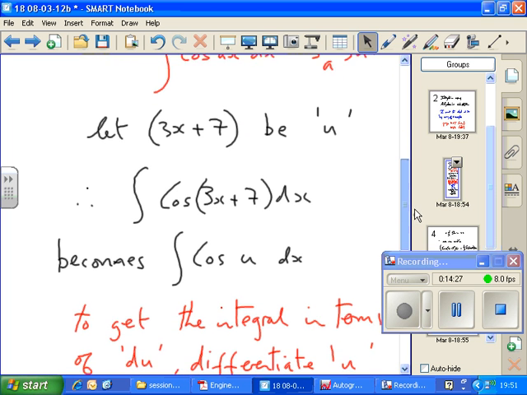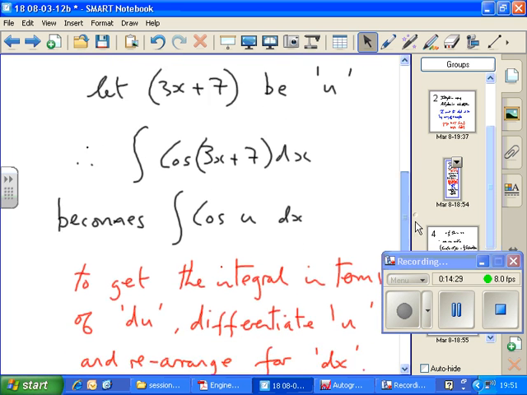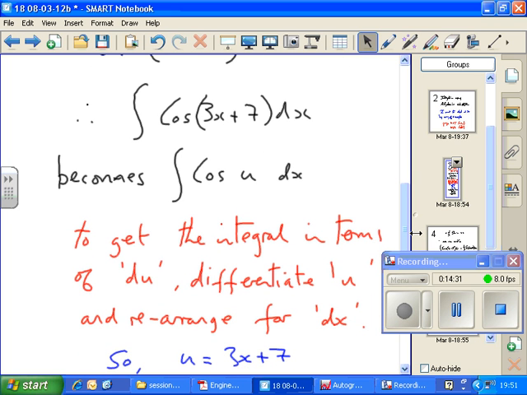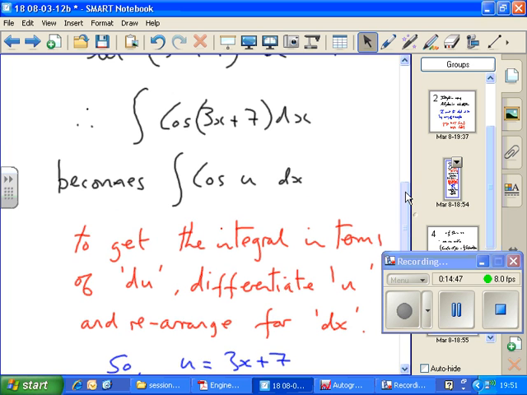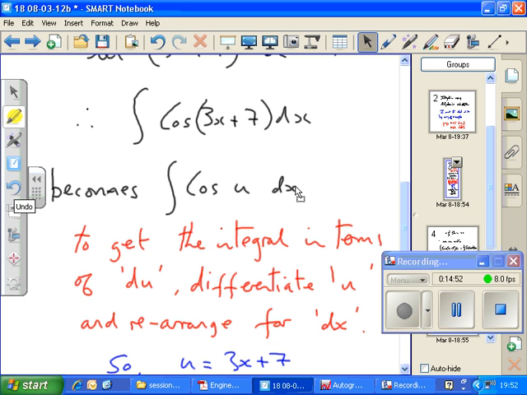So if I let 3x plus 7 be u, I can rewrite the integral as cos u. But then I have to change the thing I'm integrating with respect to u. And so to do that, I differentiate whatever I've called u and then rearrange so that it reads dx equals something. And then I can substitute that in, instead of the dx, in here.